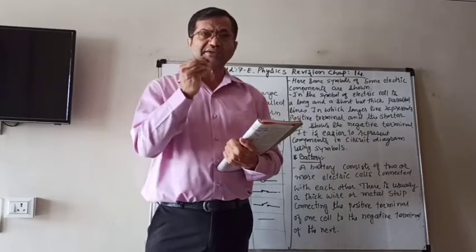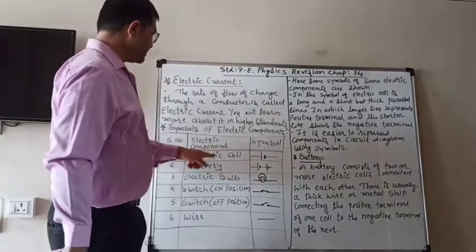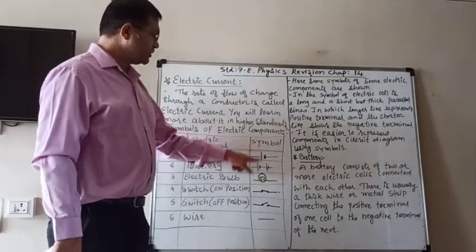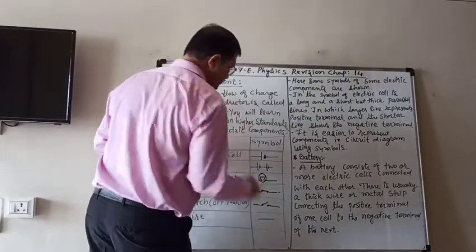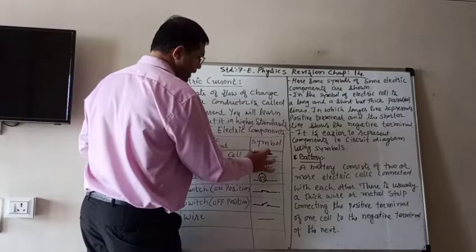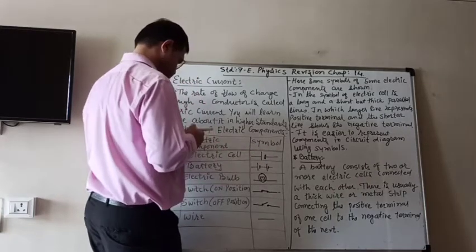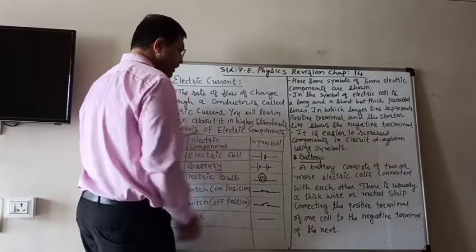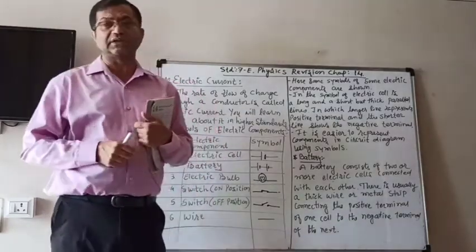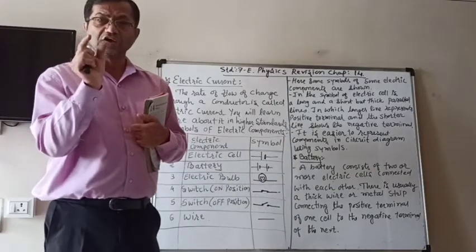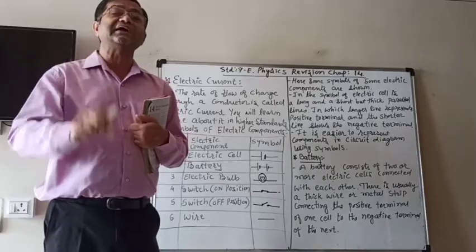So now to represent that cell, we draw two parallel lines. One is longer and the other one is shorter but a little thicker. The longer line represents the positive terminal and the shorter line represents the negative terminal.